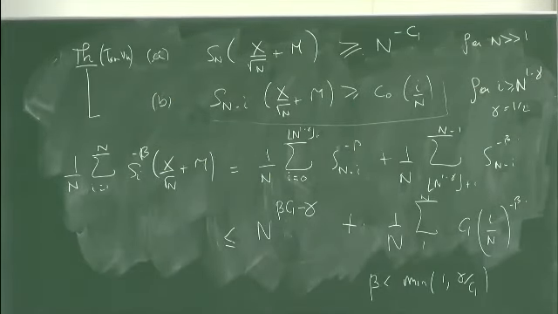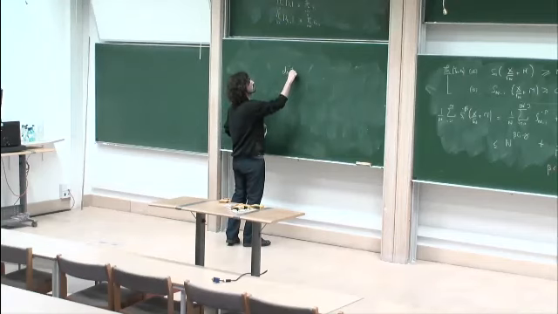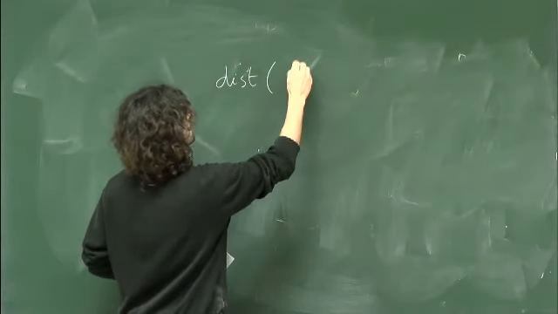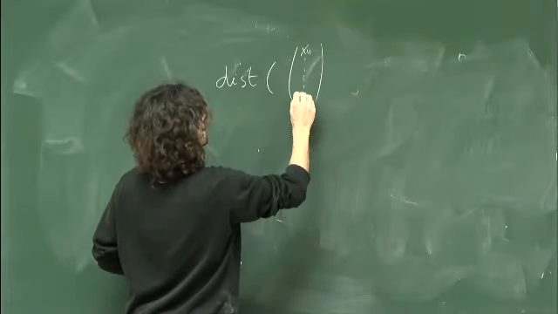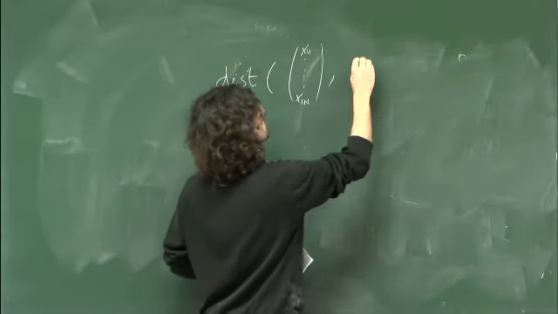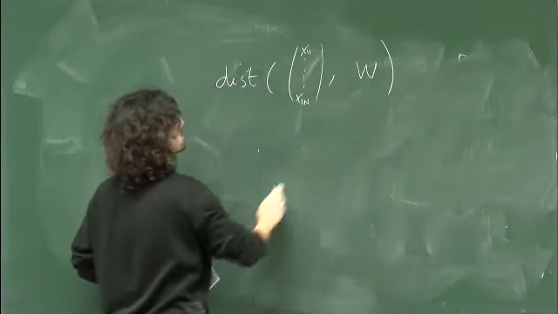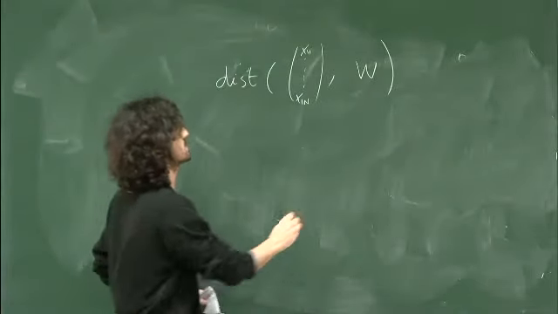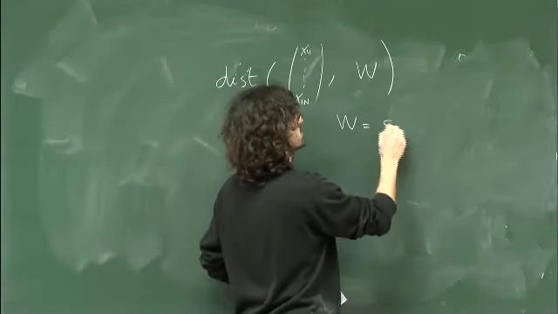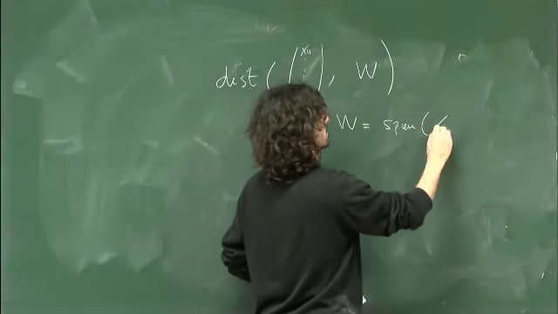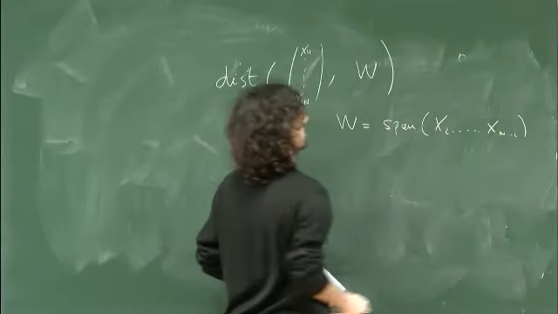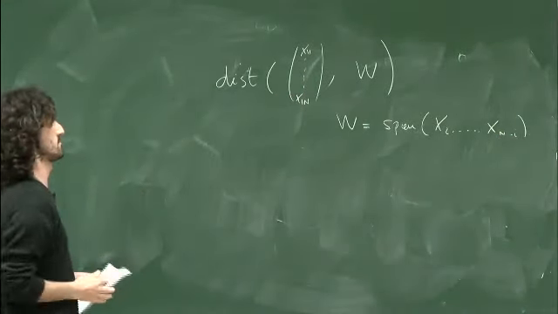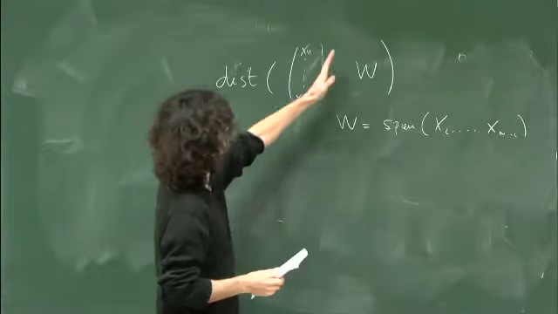What is hidden every time is that you have to control the distance between one vector of your matrix and a vector space, which will typically be spanned by the other columns of your matrix.